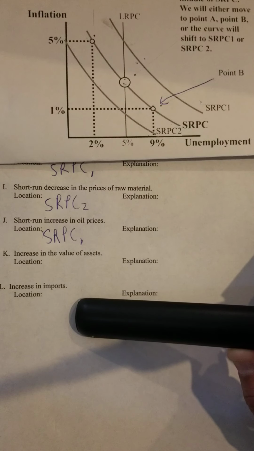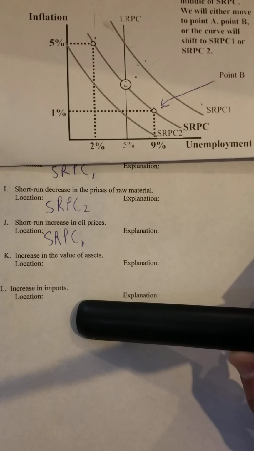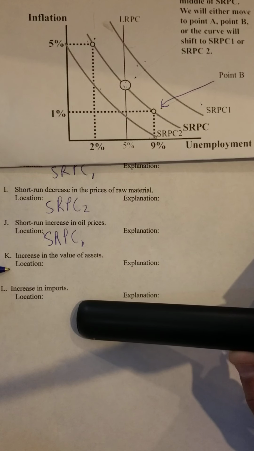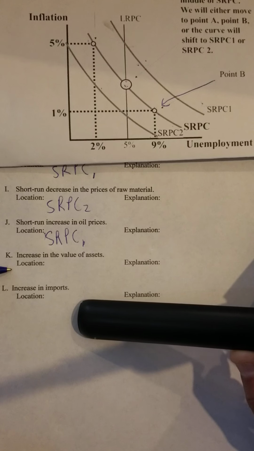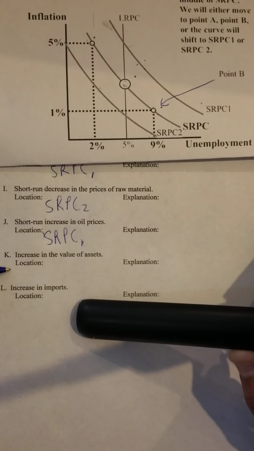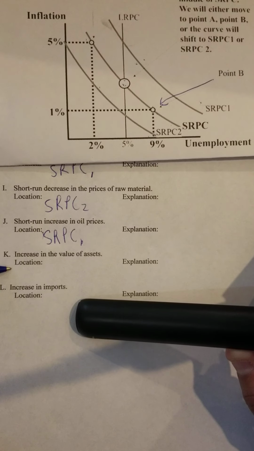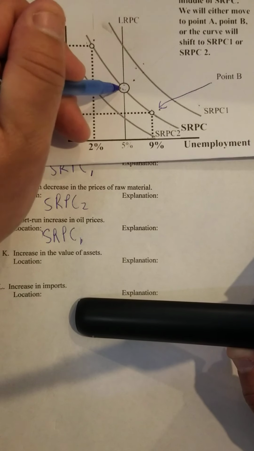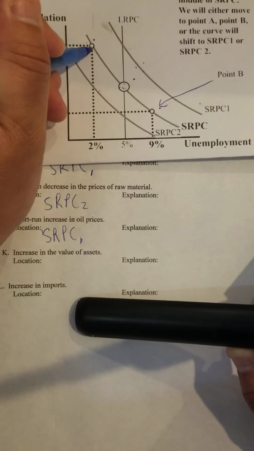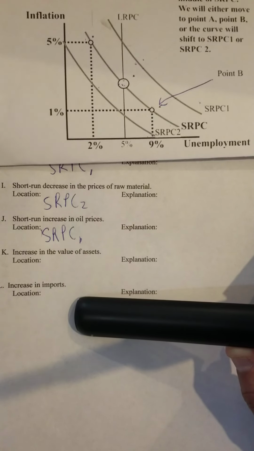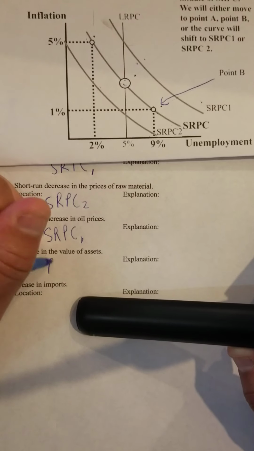So when times are good, it's going to kind of increase consumer confidence. So what I think that's going to cause is an increase in aggregate demand. I think companies and people are going to spend more money when they learn that times are good, that their assets are worth more money. They feel like they have a lot of money. So I think that clue is getting us to move to a decrease in unemployment and increase in inflation as aggregate demand goes up. So I hope I'm right because I'm kind of on camera, but I believe that this would be point A.